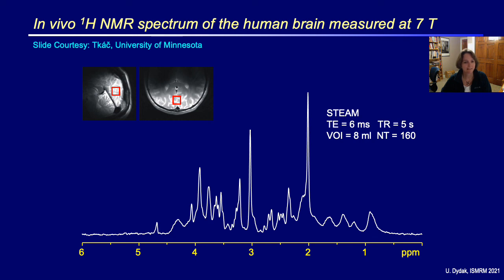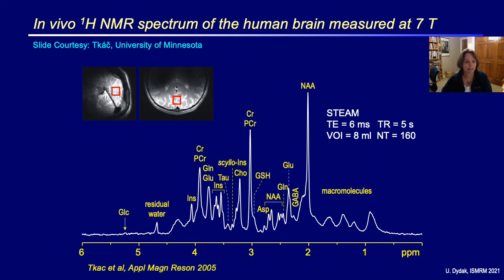Last but not least, this here is an example from a human brain spectrum acquired at 7 Tesla with a very short echo time of 6 milliseconds with a STEAM sequence. And you will appreciate how the increased spectral separation of all the different peaks, as well as the simplified multiplet structure of some of these peaks, allow us to very nicely quantify different peaks, even like taurine and scyllo-inositol here.